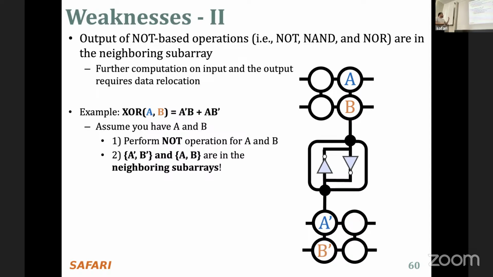But now A-not and B-not, and A and B, are in neighboring subarrays. And there is no inter-subarray row copy operation in real DRAM chips. We can perform the RowClone operation that Geraldo showed if they're in the same subarray. But if they're in different subarrays, since there is a NOT gate over there, we cannot copy the row as is. So this is another weakness. For example, if you want to do an XOR, you cannot do it natively.